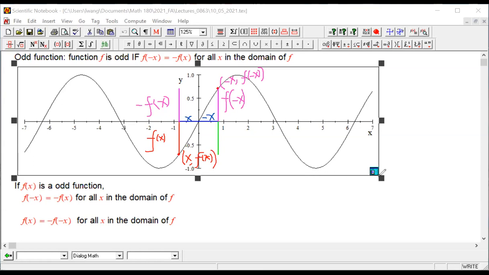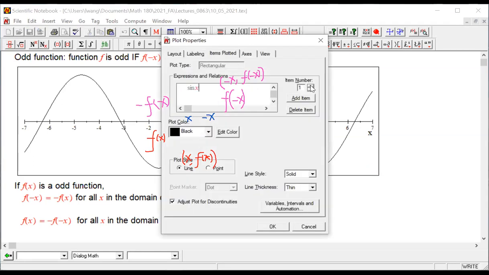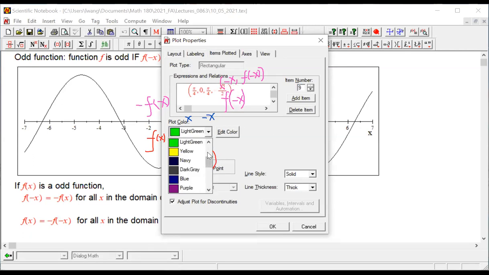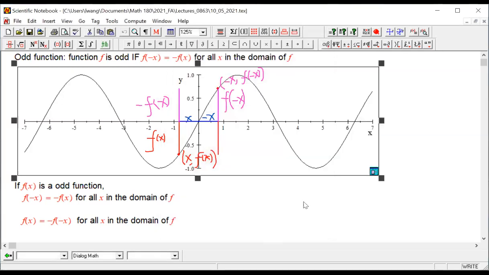You follow me? So next, I'm going to make another change. I'm going to turn the green to red, so this way they will be consistent, for you guys to compare.